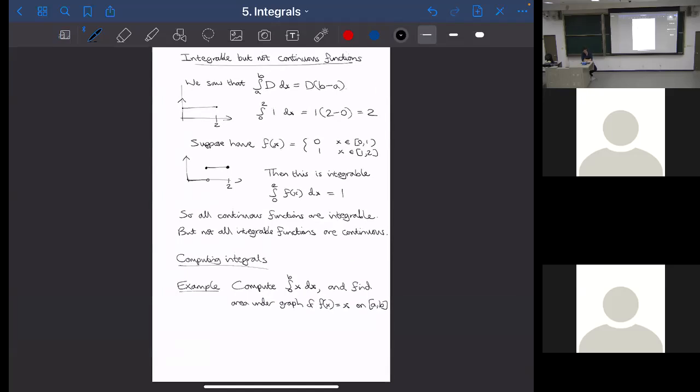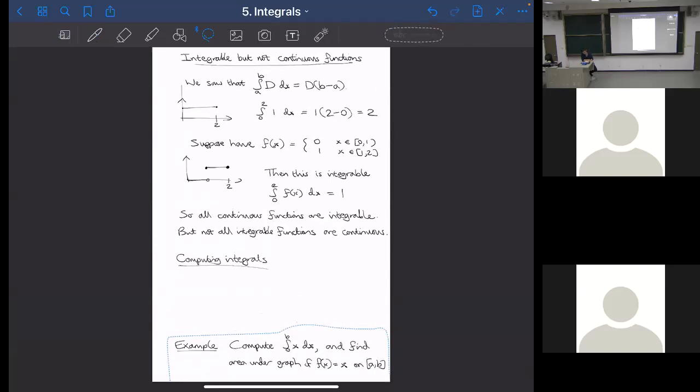Now, it's quite easy to find the area under that graph because it's just a triangle. But I'm going to make a definition of what that area is.